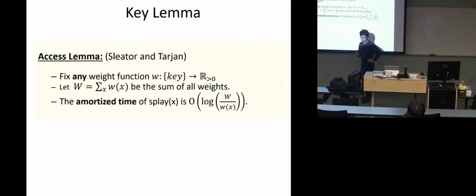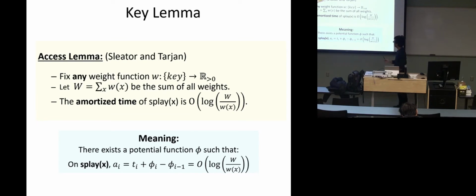The lemma says that if you come up with any weight function at all, some weight that maps each key to some positive number, and let W be the total weight, then the amortized time to Splay x is at most log of W over W of x, log of total weight over weight of x.